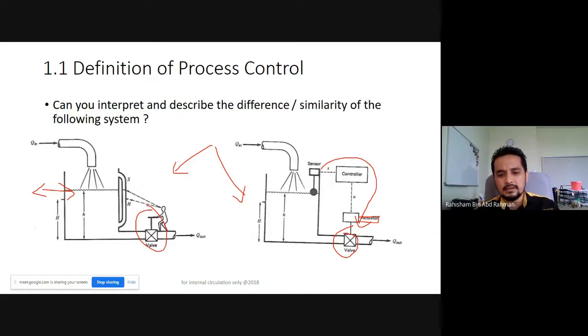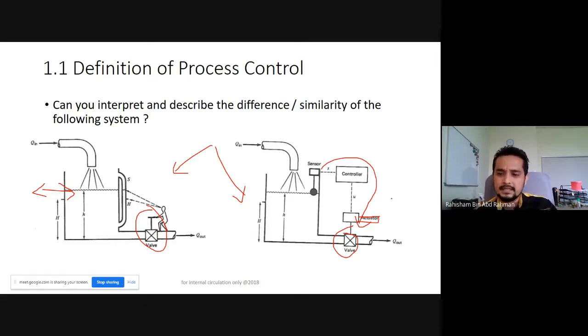How can voltage and current move the valve like a human? So it means there is a need for an actuator. The actuator is the one that receives a signal in terms of voltage and current, or any kind of signal, and then it will move.